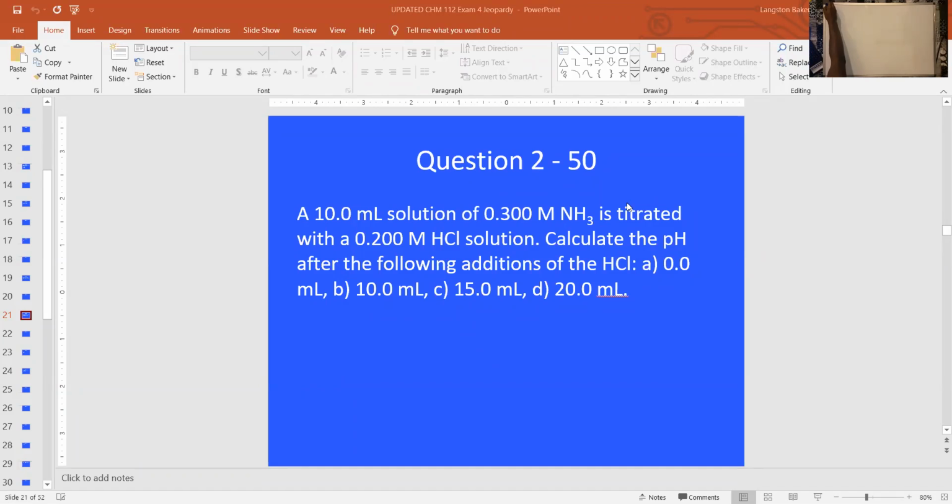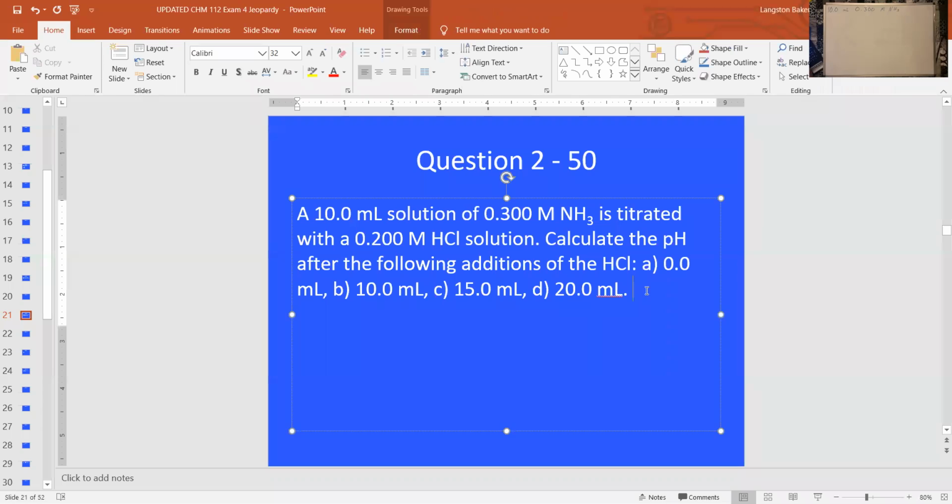So I'm gonna write down all the stuff. 10.0 milliliters of 0.300 molar NH3. Oh, I forgot to give you the Kb. The Kb of NH3 is 1.8 times 10 to the negative 5.